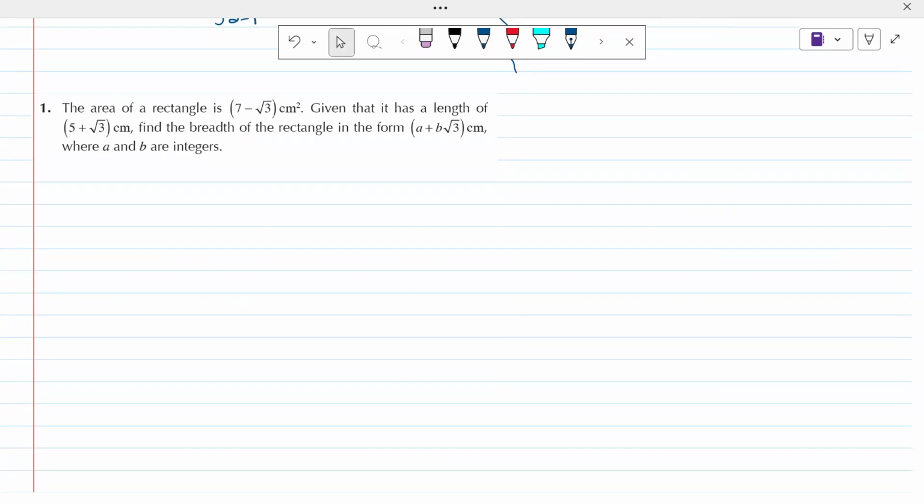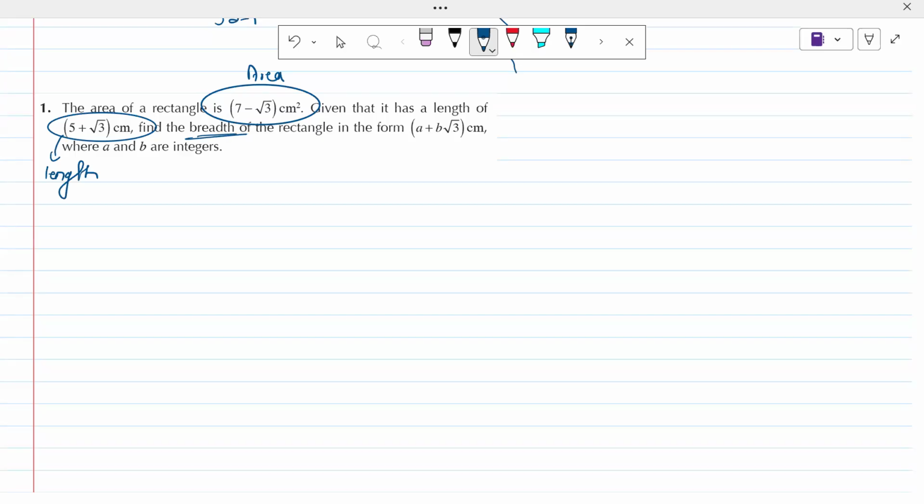This is the area given to us. It has a length of 5 root 3. This is the length given to us. And we have to find the breadth.